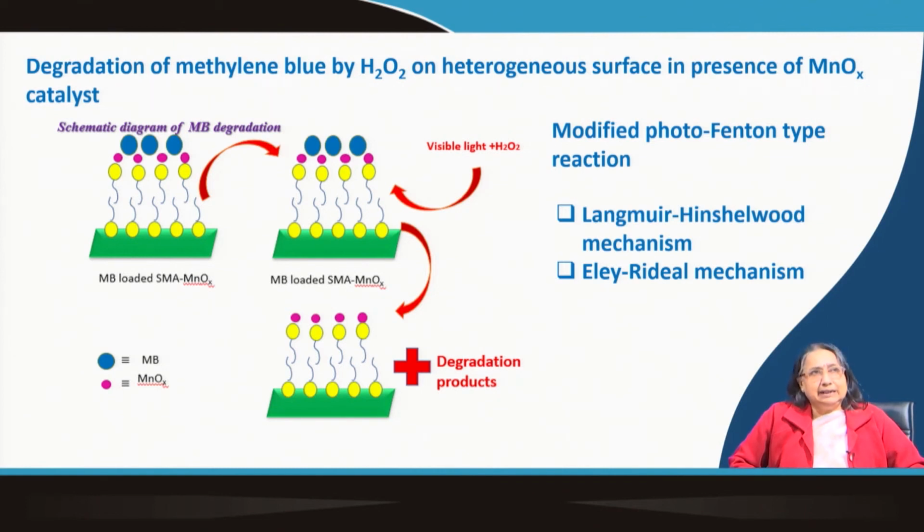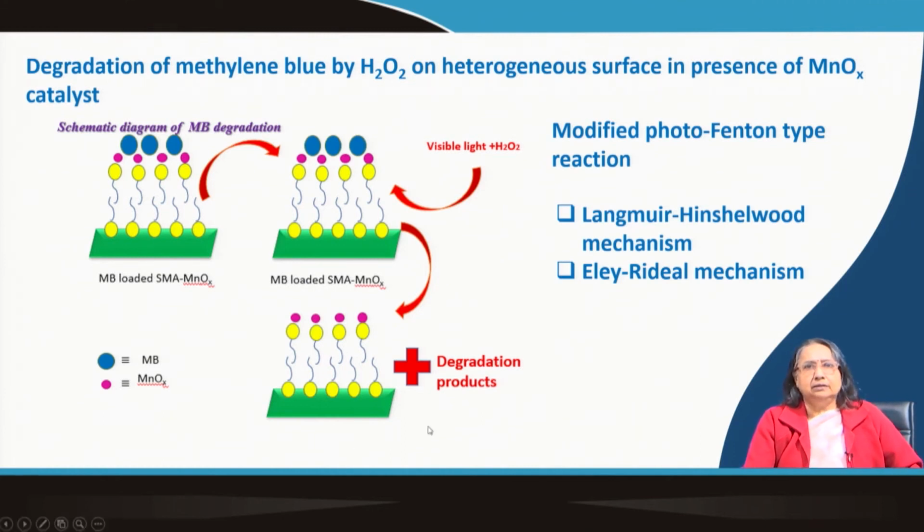MnO2, or MnOx, is a very good catalyst, and heterogeneous catalysts are very easy to separate, just by keeping for some time. If you keep it for some time, it settles down, and then you can easily take out the solvent from the upper part. Okay. Solvent means water from the upper part.